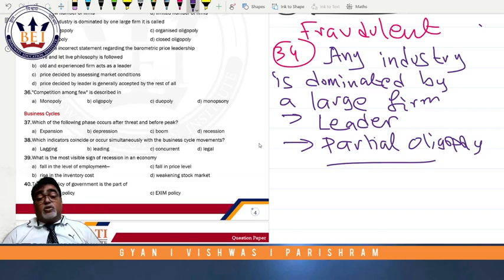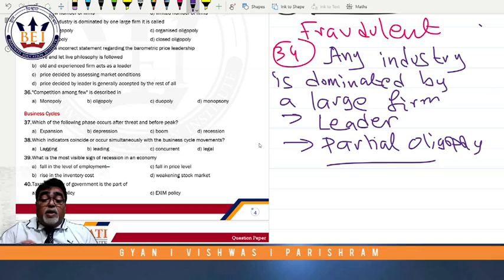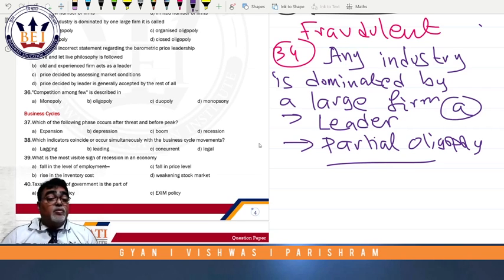Perfect definition of partial oligopoly: when a particular industry is dominated by a large firm, with more than 55 to 60% share, we call it partial oligopoly. So the answer of 34, when industry is dominated by one large firm, is A.